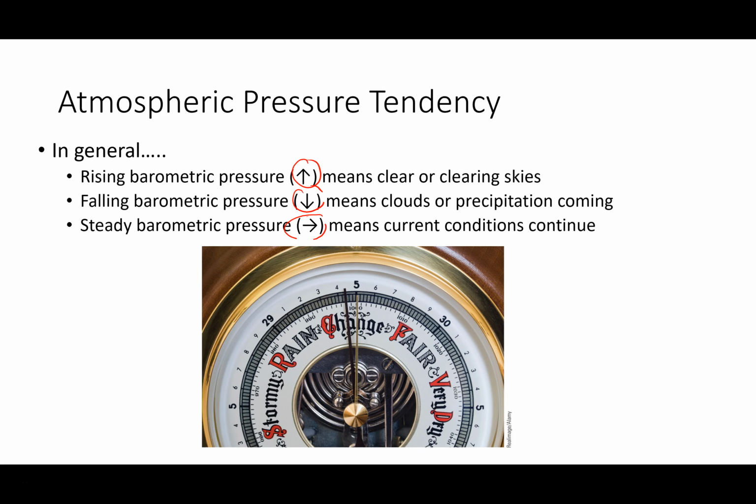A few hours later, I come back and my gold one, which moves with the device, is to the left of it. That means it's falling, and you can see on the barometer it's printed stormy, rainy, okay, fair, or very dry. We call that pressure tendency. Rising tendency, falling tendency, steady.